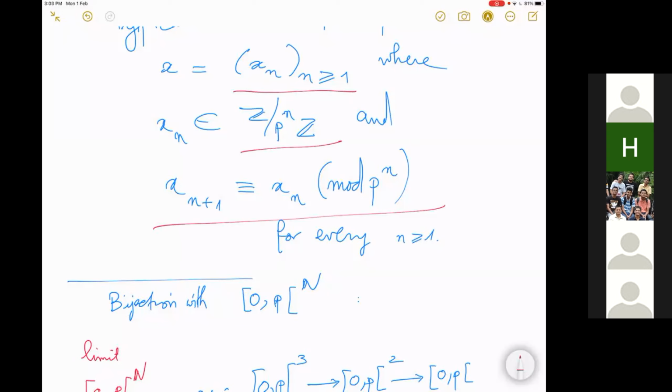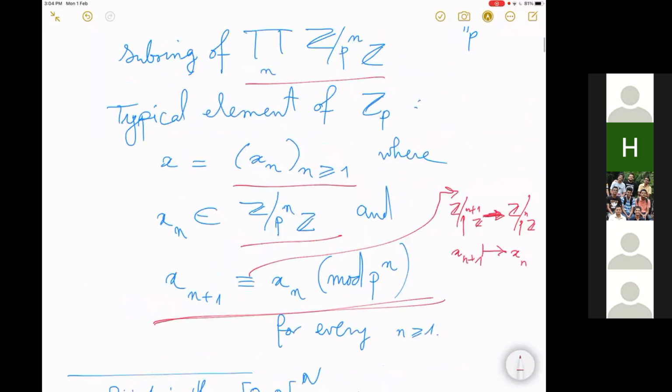Another way of understanding this congruence is that I have this map from Z modulo P to the n plus 1 Z to Z modulo P to the nZ. I have the element xn plus 1 here, the element xn here. This element should go to this element xn under this map. These rings come with natural maps, reduction modulo P to the n, and that's what this congruence here says. So that's one way of thinking of a p-adic integer.